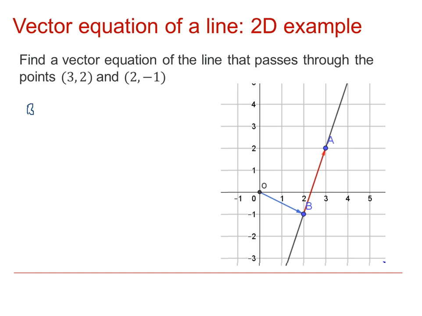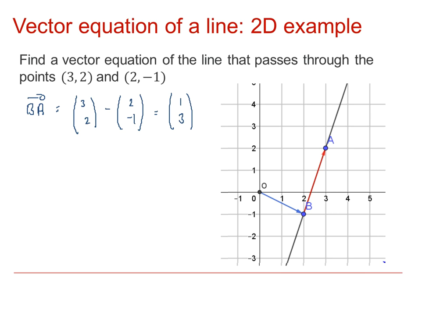So if we wanted the vector BA, then remember that would be the position vector of A minus the position vector of B. So we would have the vector 3, 2 minus the vector 2, -1, and that gives us 1, 3. And clearly that's correct. You can see on the diagram that the vector BA is indeed 1, 3.